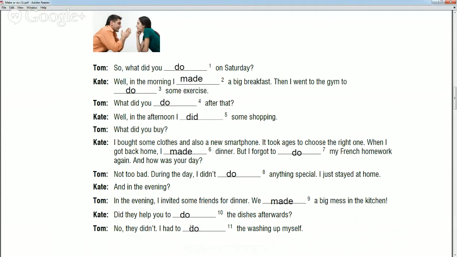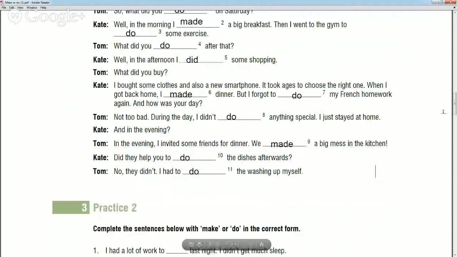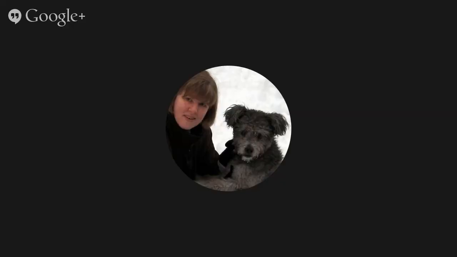And in the States, we would say no, they didn't. I had to do the dishes myself. We wouldn't say washing up. Maybe washing myself means I wash my body or something. Yes. But to wash up means to do the dishes. To wash up is a phrasal verb.